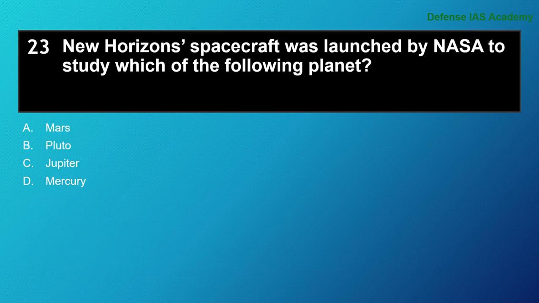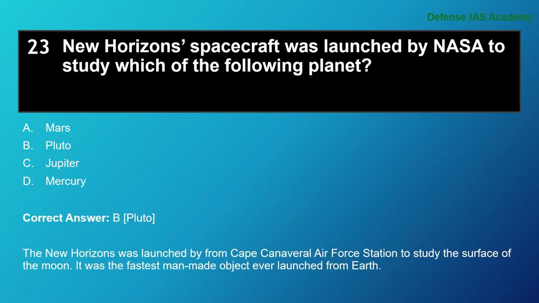New Horizons spacecraft was launched by NASA to study which of the following planets? The answer is option B, Pluto. New Horizons was launched from the Cape Canaveral Air Force Station. It was the fastest man-made object ever launched from the Earth.